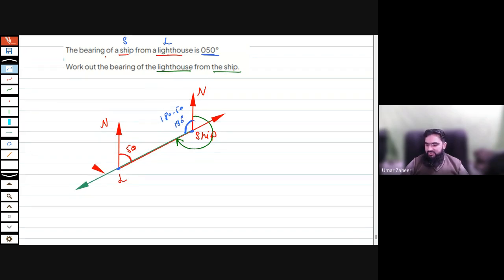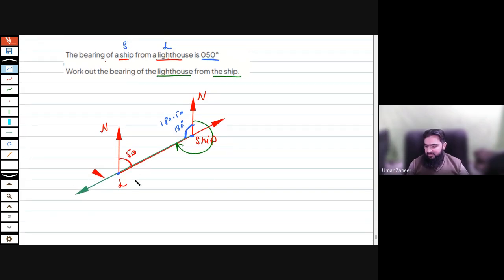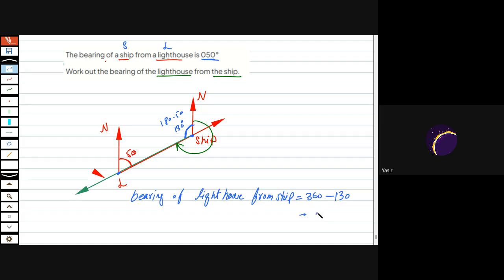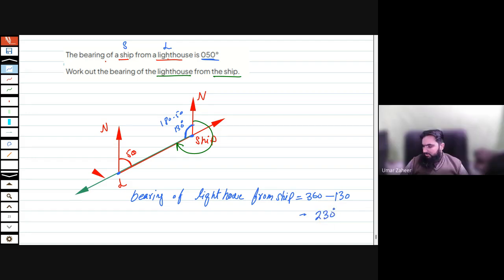The complete rotation is 360, so the bearing of the lighthouse from the ship will be equal to 360 minus 130, that will be equal to 230 degrees. So this is the angle, 230 degrees.